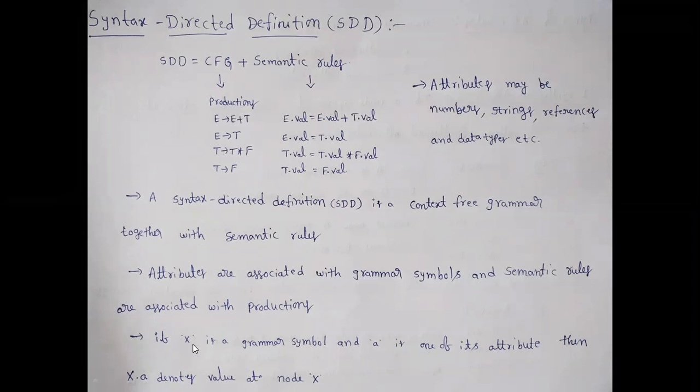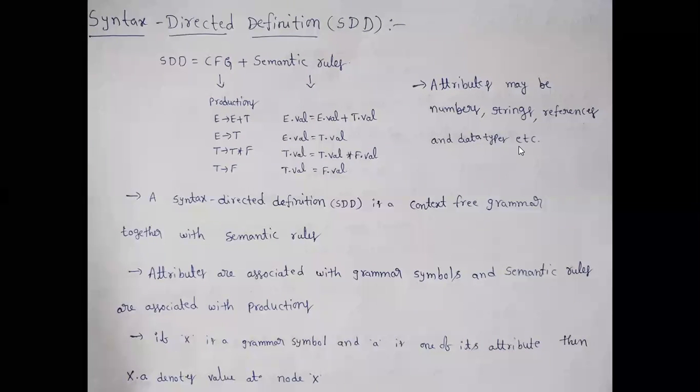That is the second one. And third one, if X is a grammar symbol and A is an attribute, then X dot A denotes the value of node X, and the attributes may be numbers, strings, references and data types etc. Okay, so this is the definition for the syntax directed definition.